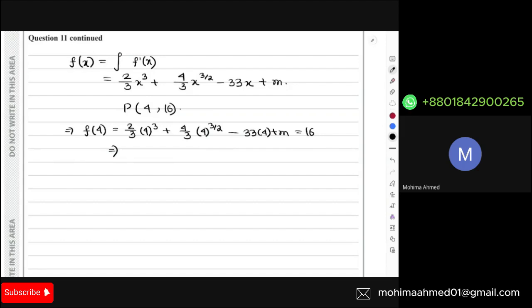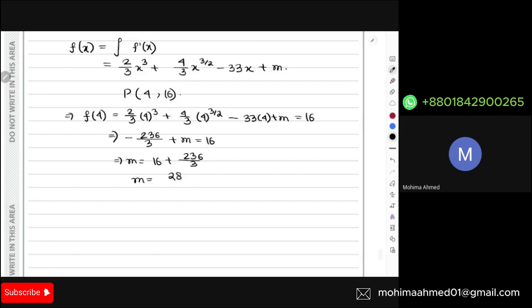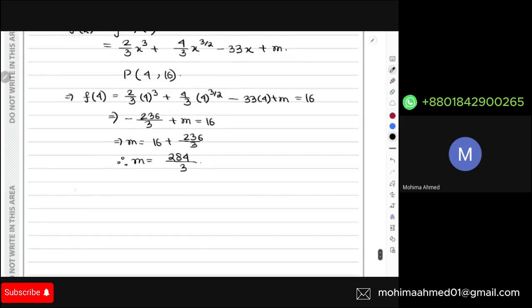Over here, you get minus 2, 36 by 3, plus m equals 16. So the final value for your m is going to be 16 plus that, so you get 284 by 3. So m is 284 by 3.